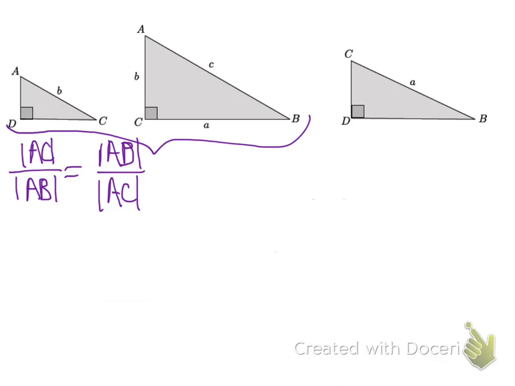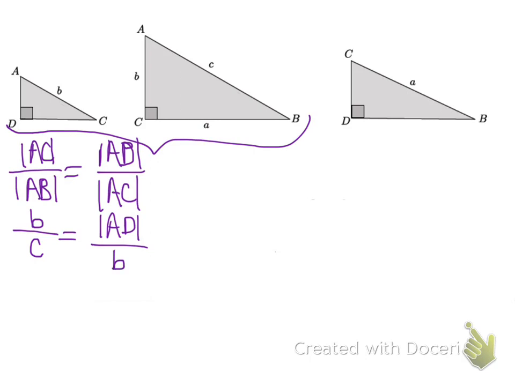So length AC is B. Length AB is C. Length AD we don't know, so we're just going to leave that at AD. And then we have a C again in the second ratio, which is also B.